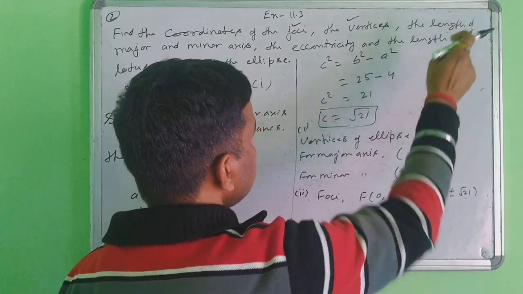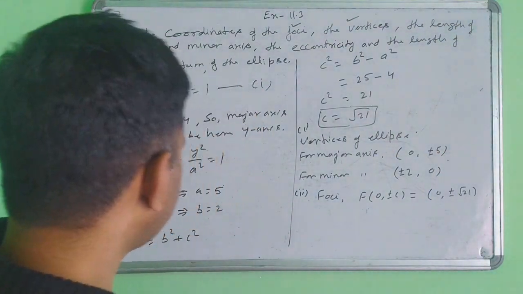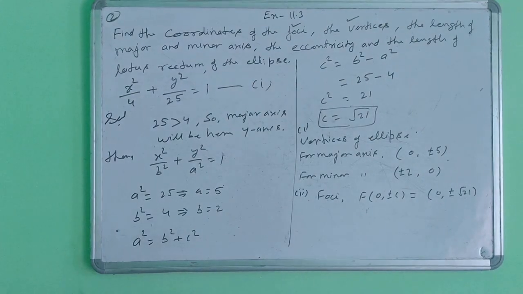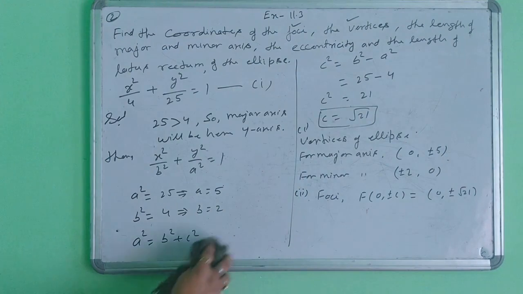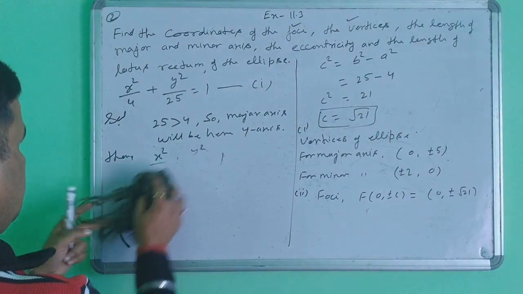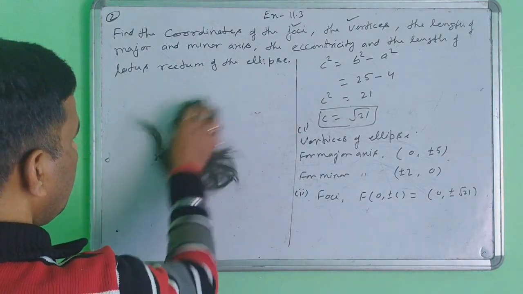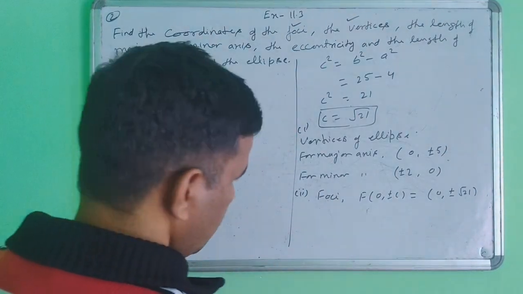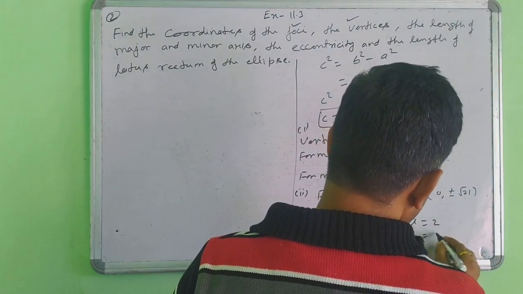Next, the length of the major and minor axis. So note it down, then we'll solve the next question. Length of the major axis: the value of a is 5 and the value of b is 2.